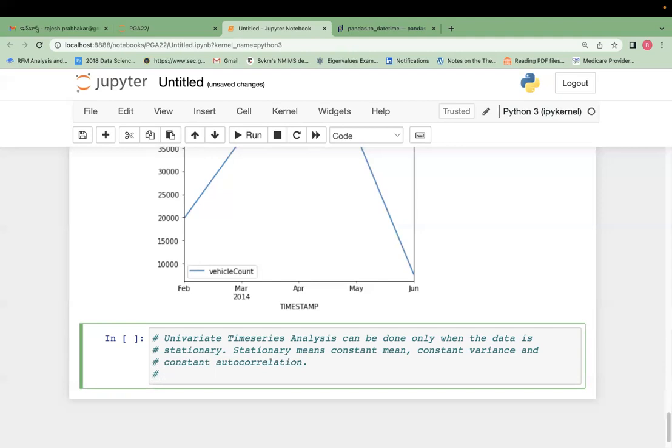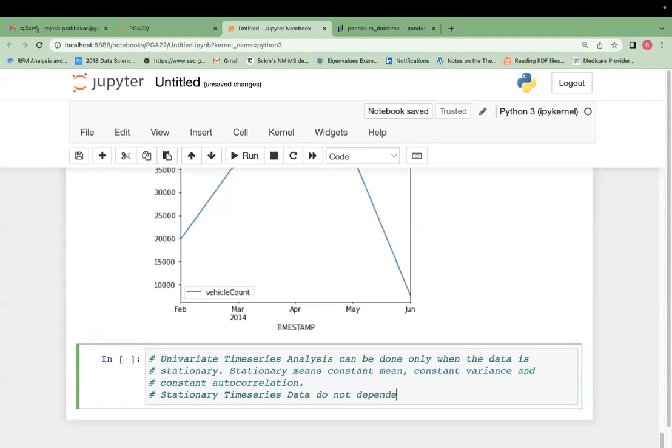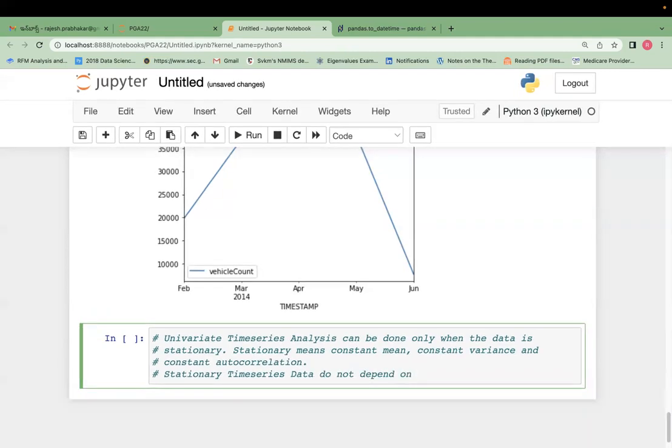Stationary time series data do not depend on the time at which the series is observed.